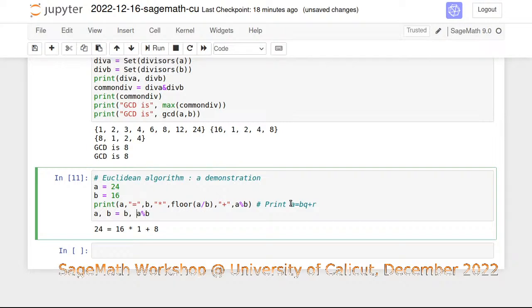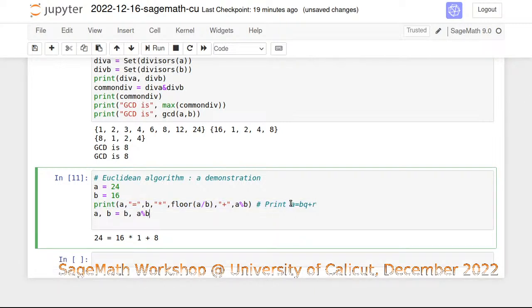Be careful about the order in which we are writing it. According to this, the value b will be stored to a. Now, b will be stored with the value a percentage b as the second step. The first step is a will be filled with the existing value of b. In the second step, b will be filled with a percentage b.